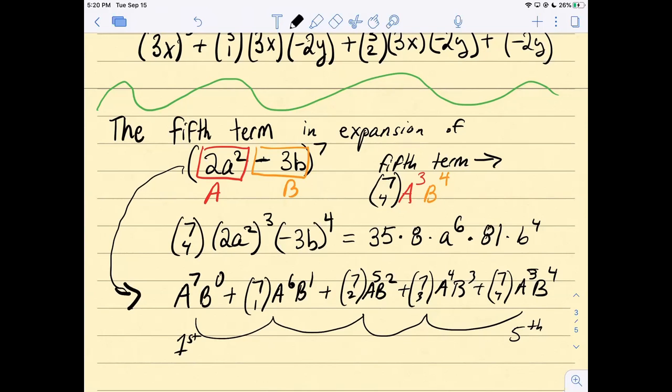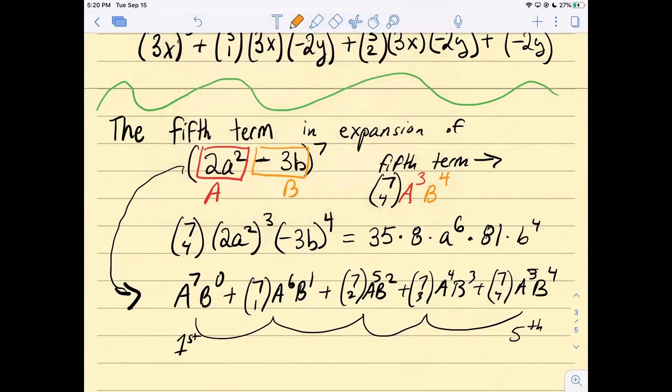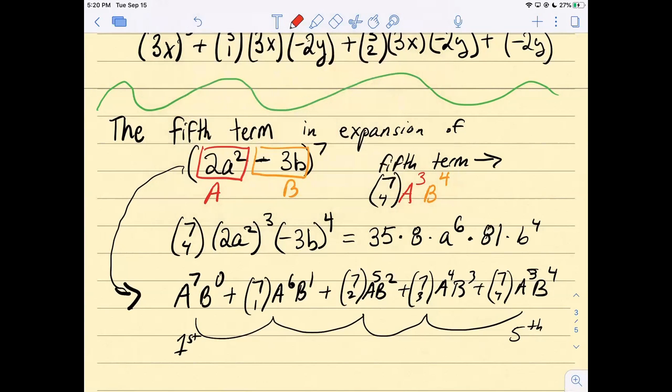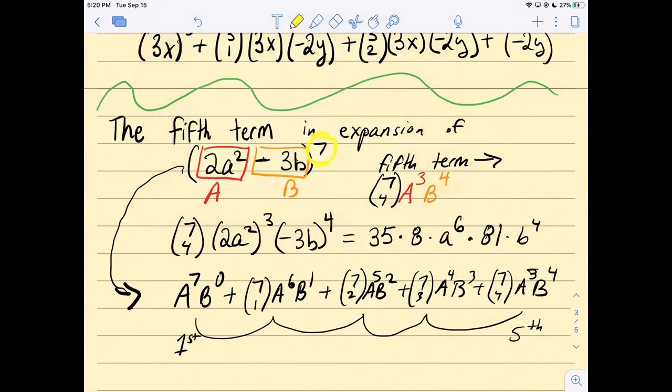I'm just confused on how you got 7. Oh, why do I have 7 here? Yeah, the reason is because this 7 is my overall expansion. It's this 7. So everything I expand always has to have a total of 7 letters.